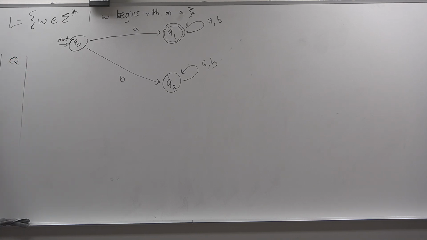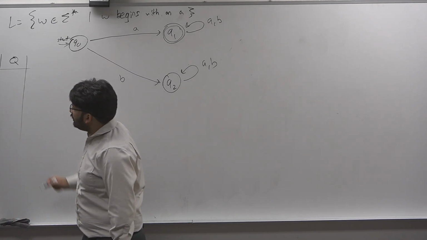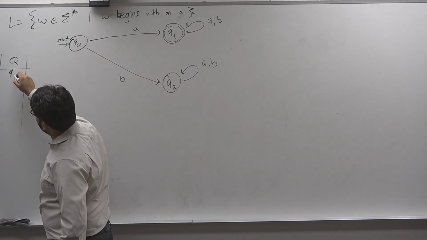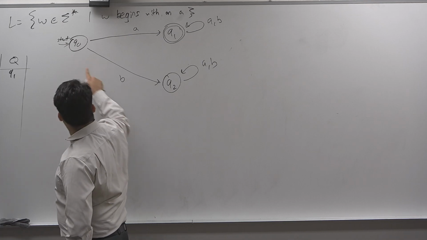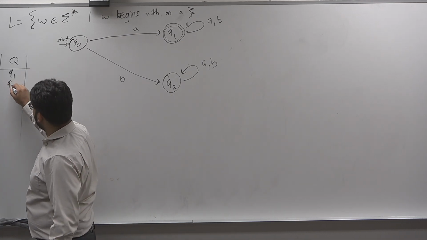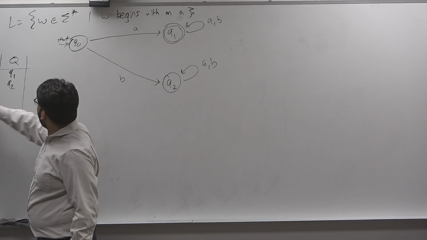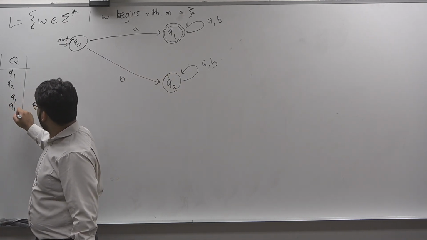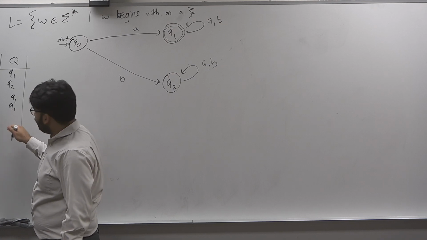If you're at Q0, Q1, Q2, the possible inputs are A, B. If you're at Q0 and you see an A, what state do you go to? Q1. If you're at Q0 and you see a B, you go to Q2. If you're at Q1 and you see an A, you stay in Q1, and same if you see a B. Similarly, if you're at Q2 and you see an A or B, you stay in Q2.